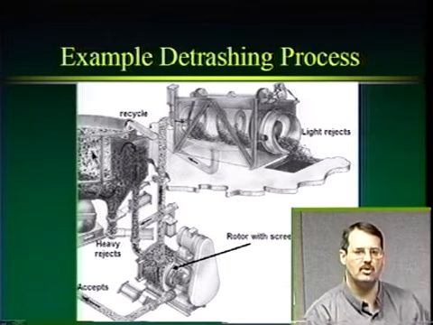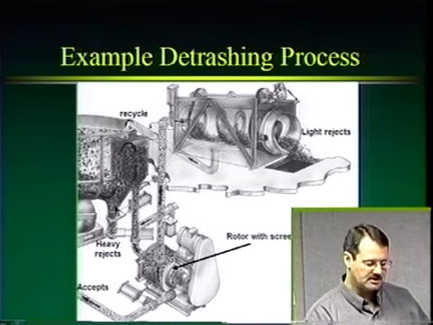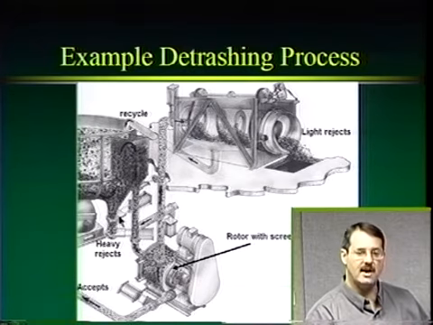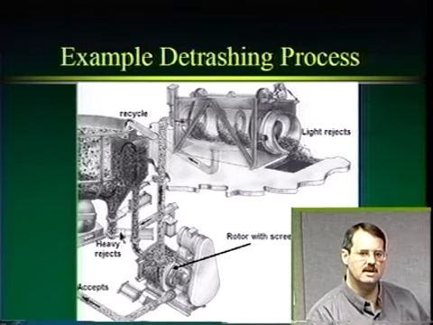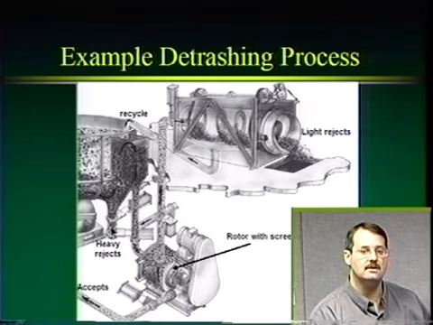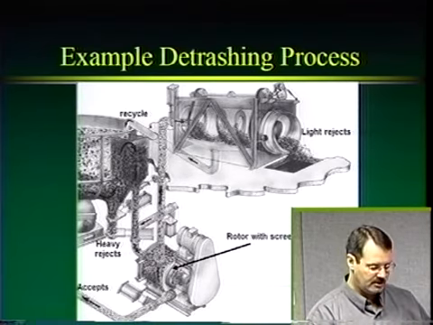Heavy rejects fall down to the bottom of the pulper, and we've got two valves here. This valve is usually in the open position, and the large contaminants fall down, and this valve is closed. When you get a large enough amount of contaminants here, that valve will close, that valve will open, and will intermittently dump heavy rejects. So that's one part of this pulper.